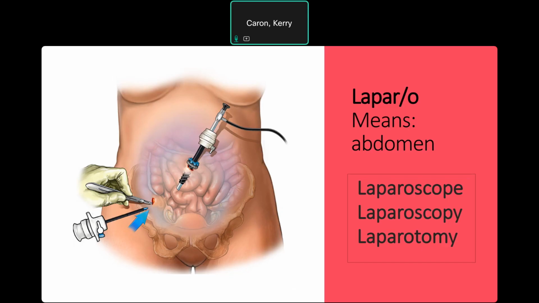And laparotomy is the incision made for the laparoscope. So this could be a laparoscopic appendectomy, hysterectomy, or gallbladder surgery. So not necessarily female related, but it's attached to this chapter.